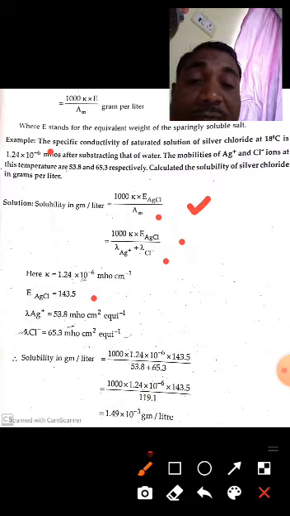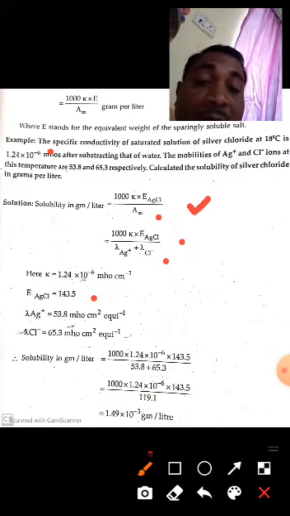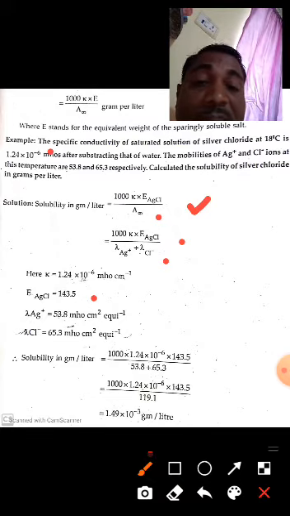Also, the equivalent weight of AgCl can be calculated if we know the molecular weights of Ag and Cl, which gives 143.5.